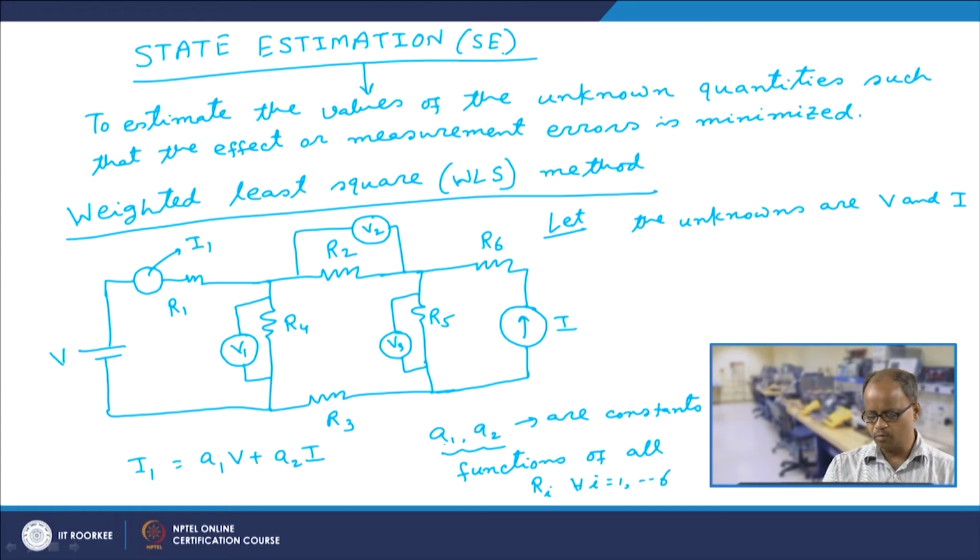So, A1 would be some expression involving R1, R2, R3, R4, R5, R6. Similarly, A2 also would be some expression involving R1 to R6, right. If we do just our simple circuit analysis as we do in our first year, we will find out this expression.